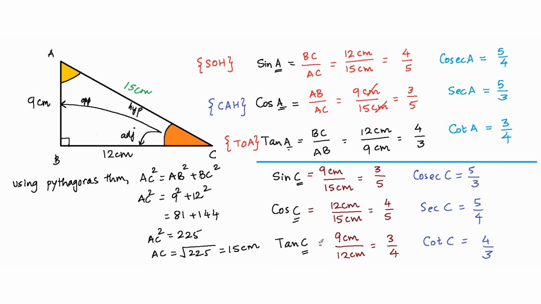Based on that angle, you find out the opposite, adjacent and the hypotenuse within that right angle triangle. And once you get those, you can then find the trigonometric ratios. So I will again pause for a minute and then I will show you some problems based on trigonometry.